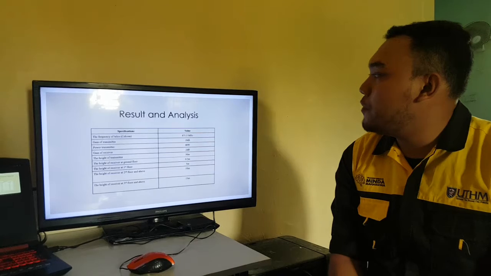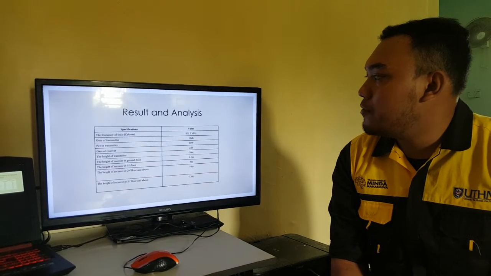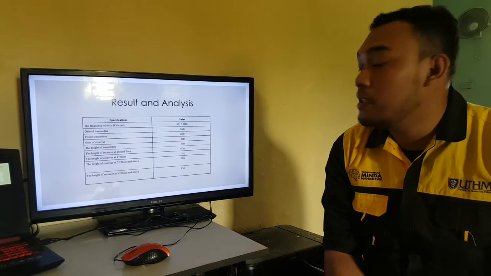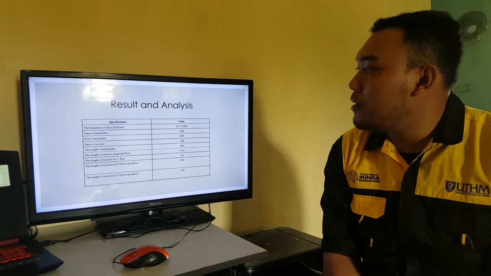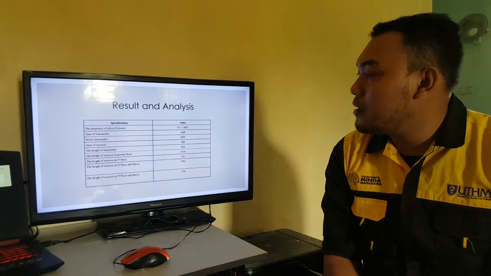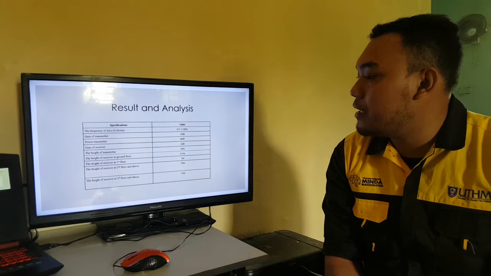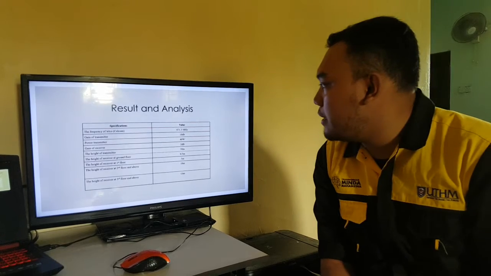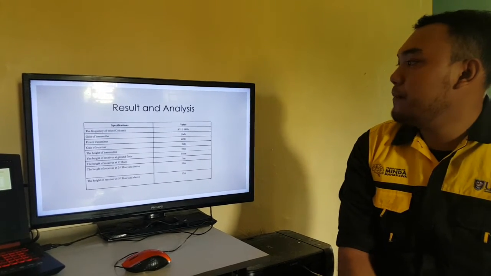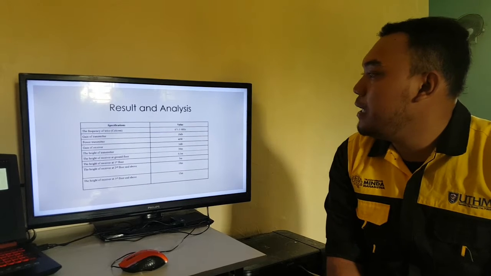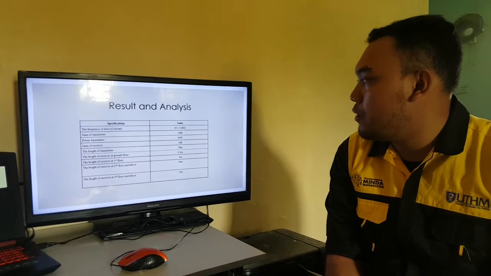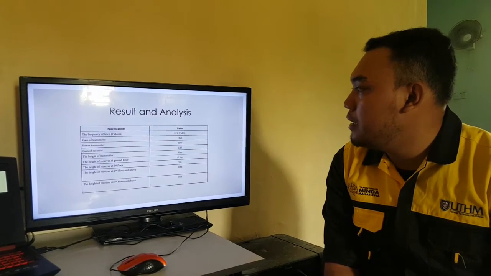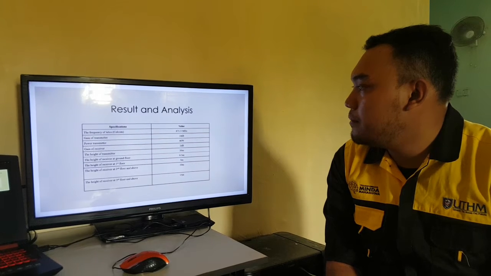This is for the result and analysis. First of all, we need to know the frequency of the telco we use. In this experiment, we use Celcom as the service to find the power received, which has a frequency of 871.5 MHz, with a gain transmitter of about 10 dB, power transmitter about 40 watt, gain receiver about 2 dB, and the height of the transmitter was 30 meter.